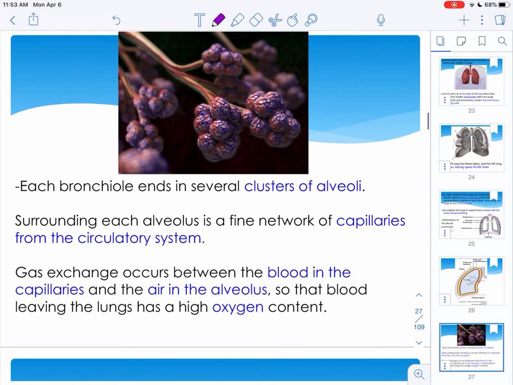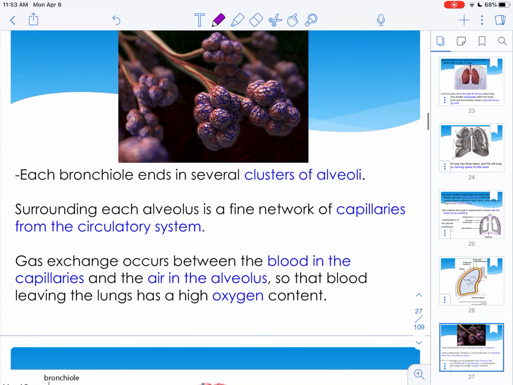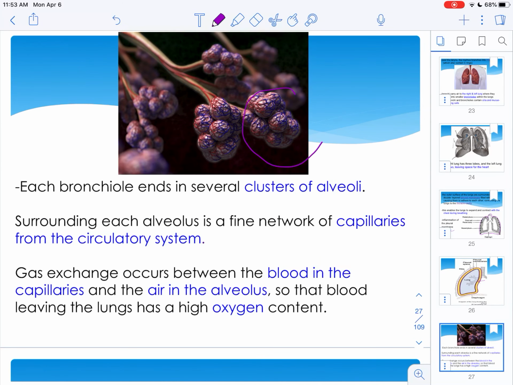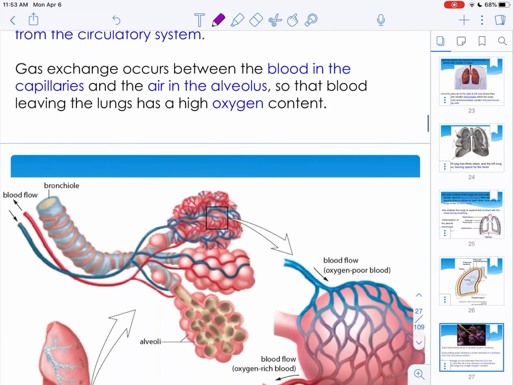Then we're talking about alveoli in this slide, and those alveoli are surrounded by blood vessels so that the oxygen can be quickly diffused into the blood when you breathe in and carried away to the body, and the carbon dioxide can easily be diffused out from the blood and into the alveoli, so you can exhale your carbon dioxide.